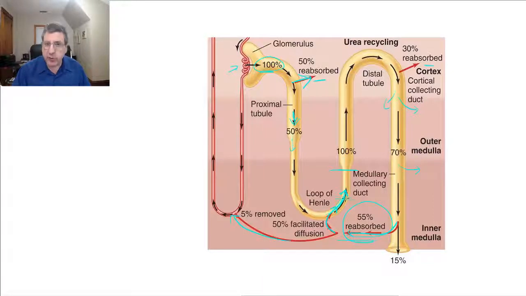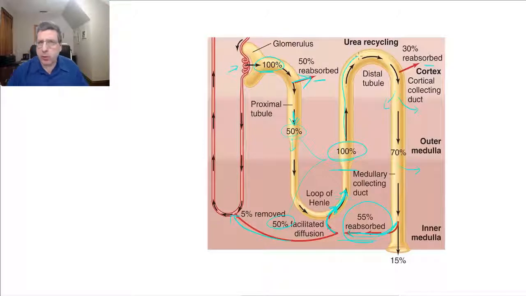On the thin segment of the ascending limb is where urea is secreted into the tubular fluid. So here, 50% of what was reabsorbed from the collecting duct goes back into the tubular fluid. So now we're back at 100%. 50 plus the 50 here gives you that 100%.